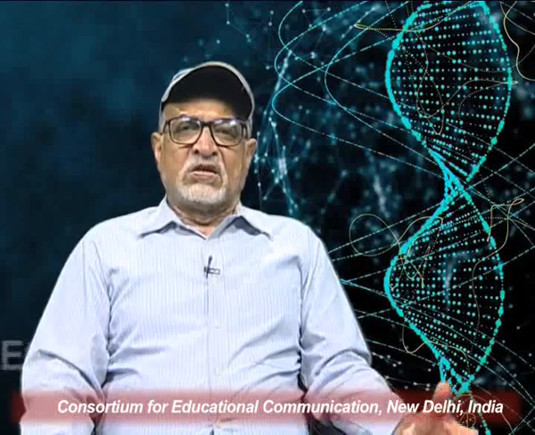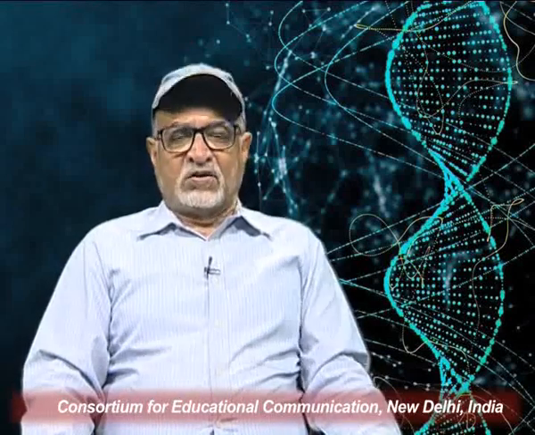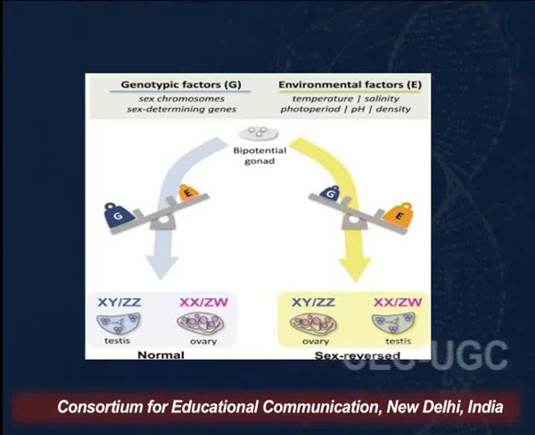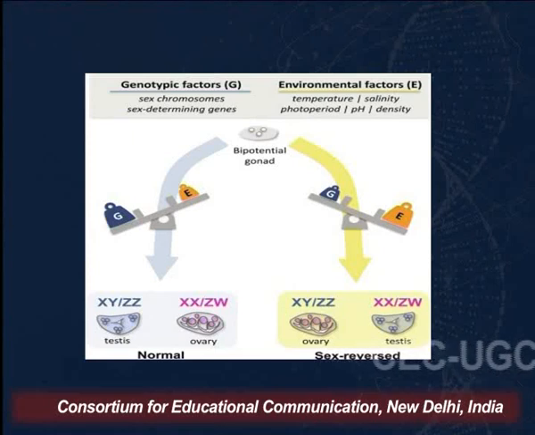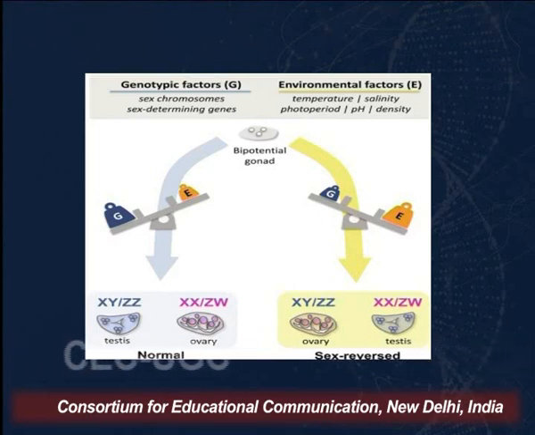So again, to highlight what we discussed last time, the diagram on your screens signifies that in some cases the genotypic factors would outweigh the environmental ones and there will be a normal sex determination, whereas in many of them it would be the environmental factors which would prevail and would result even in sex reversal in the organisms during their lifetime.